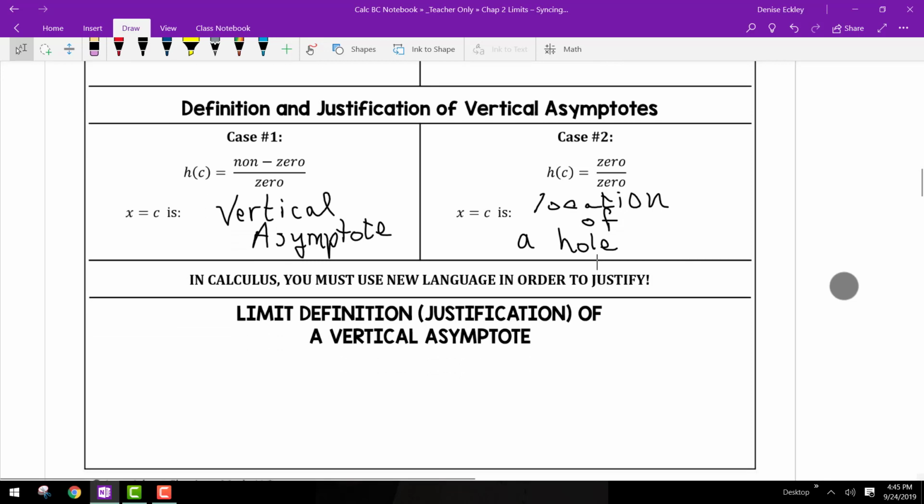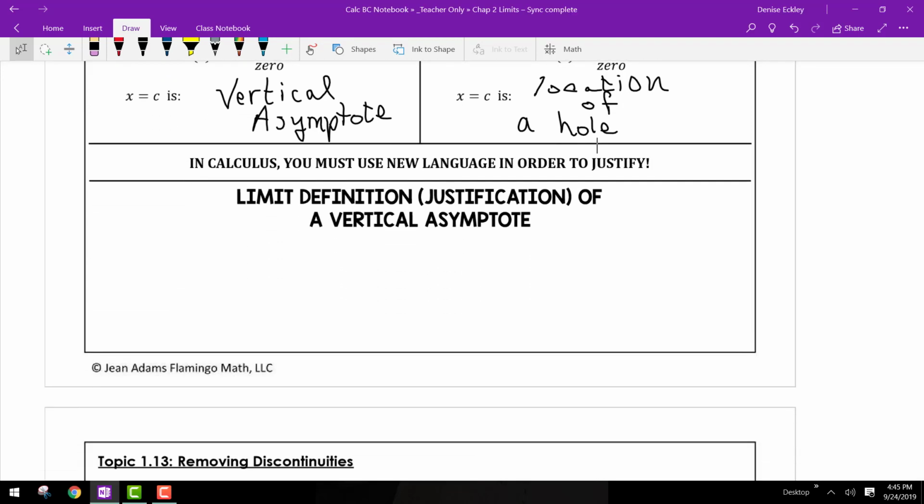Okay, so now that we're in calculus, though, we have to use more precise language. So we're going to use our limit definitions to justify a vertical asymptote.